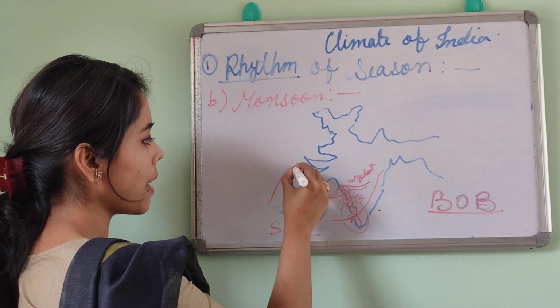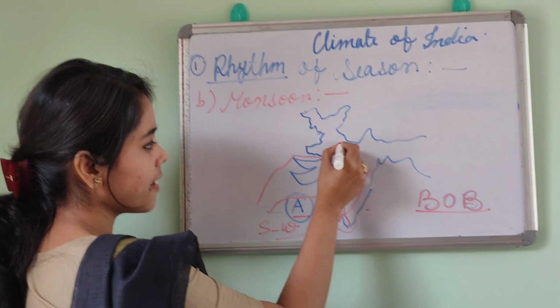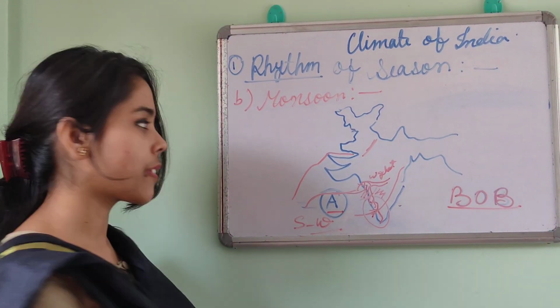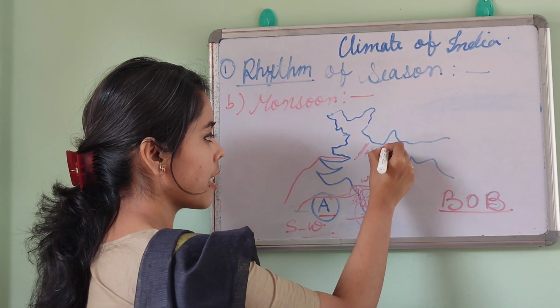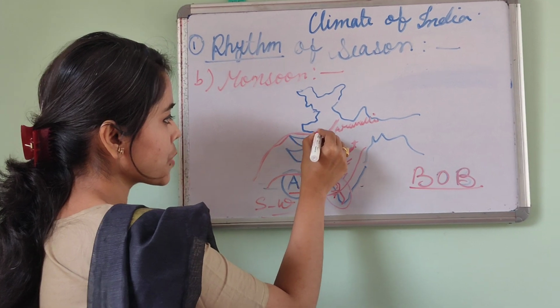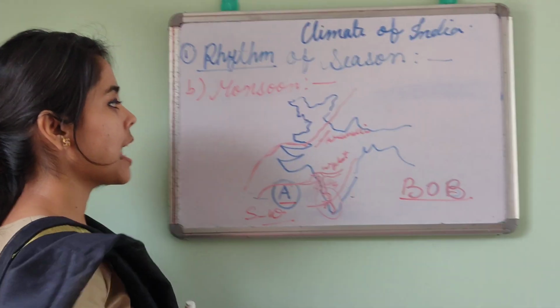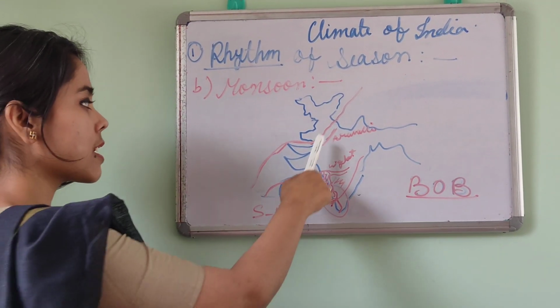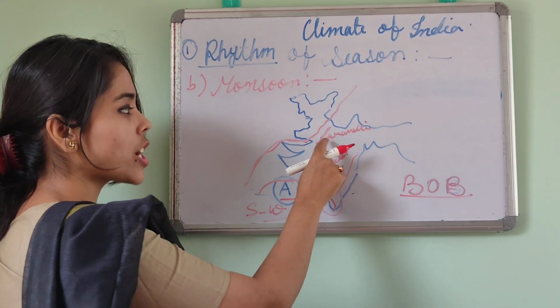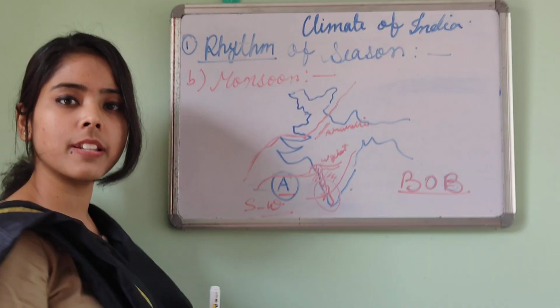The third branch will come like this, and here another important mountain feature is located, that is the Aravalli range. It will blow just parallel to this Aravalli region. See, this branch is not striking the Aravalli region.